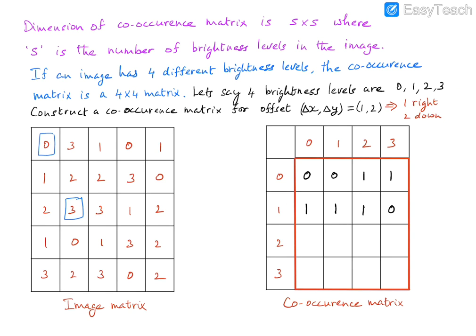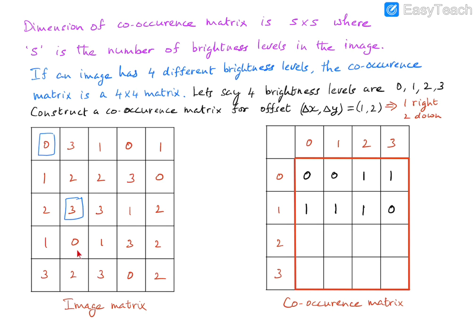Okay, next we are looking for the combination of pixels having values 2 and 0 in the defined offset. So we are searching for 2 first. So we have a 2 here. From this 2, if we go 1 right and 2 down, we see if it is 0. If it is 2 and 0, then we will count that, otherwise we will not. So here we have 2 and 3. This 2 will take us outside the image.